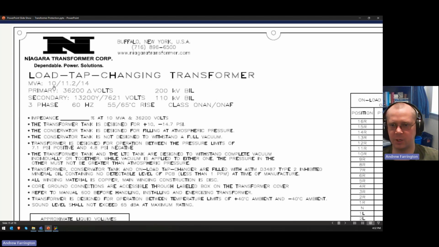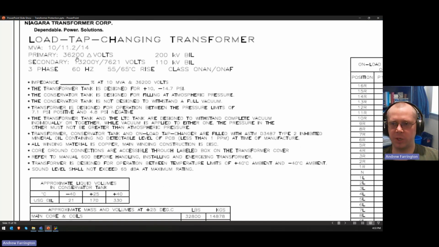So that's why it's a little bit confusing, but 10 is the ONAN rating at 55° C, and then 11.2 MVA is the ONAN rating at 65° C. And then 14 MVA is the top transformer rating, which would be at 65° C, and then oil natural, air forced. So basically a bank of fans turned on.